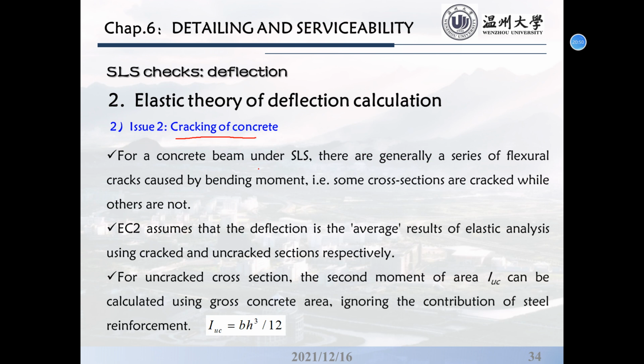For concrete beam under the serviceability limit state, there are generally several flexure cracks caused by bending moment. Just look at here. This is the beam. On the bottom, they will have several cracks. So this part, of course, will affect the structure's deflection, right?